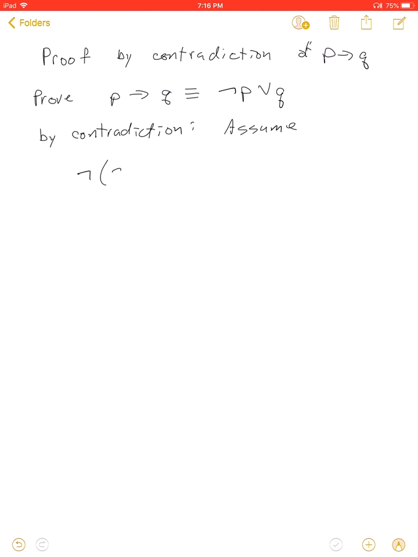The negation of not P or Q is, by De Morgan's law, P and not Q. So basically, in order to do a proof by contradiction of an implication, we will continue to assume the same for the hypothesis, but we'll assume the opposite for the consequence, and we will assume them together. We're going to have an and there.